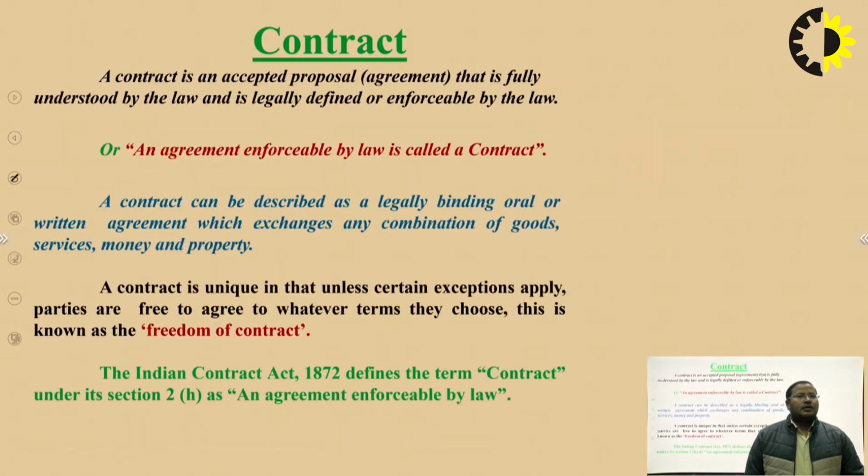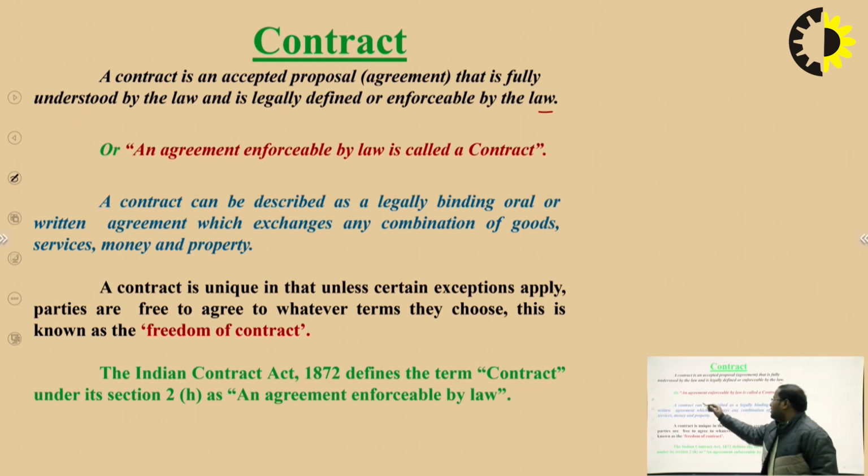Firstly, related to this topic, we should know what a contract is. A contract is an acceptable proposal, an agreement that is fully understood by the law and is legally enforceable.